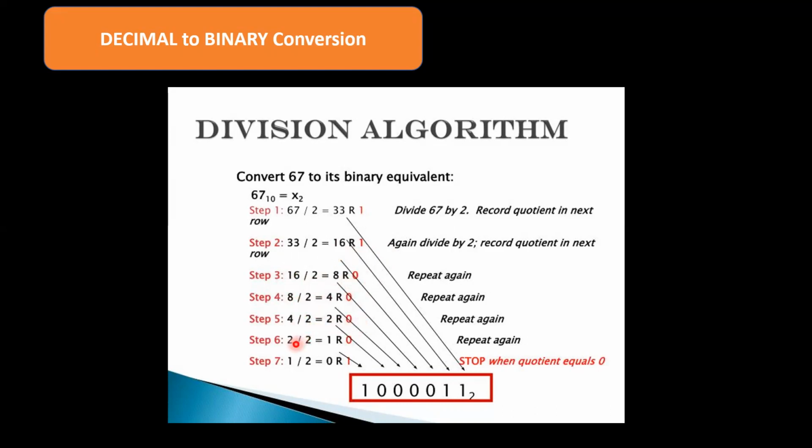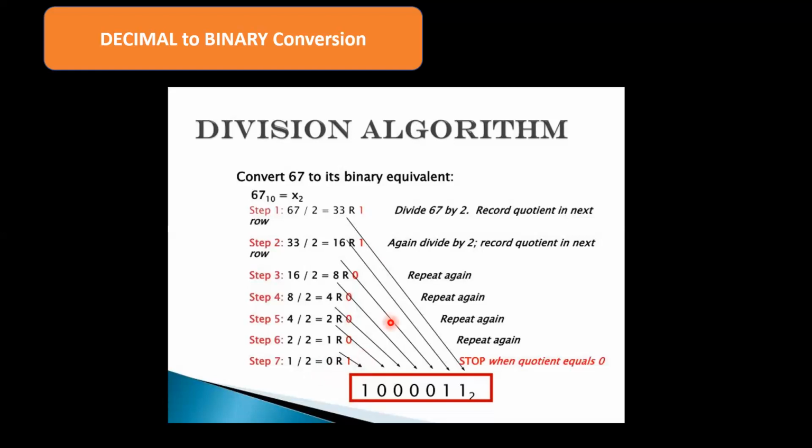Then 2 divided by 2 is 1, with 0 remainder. And the last one is 1 divided by 2, which is 0, remainder 1. In this case, we can stop now because we already have the quotient of 0. You only stop when you get a quotient of 0.